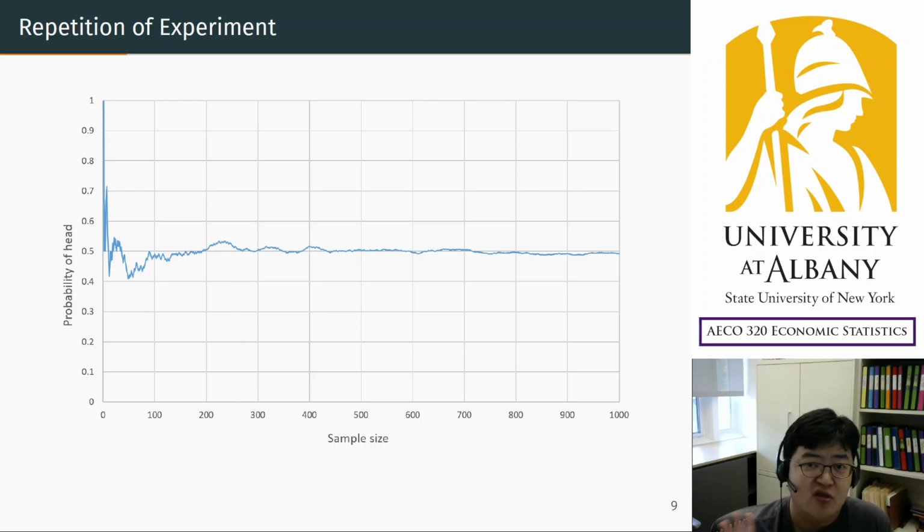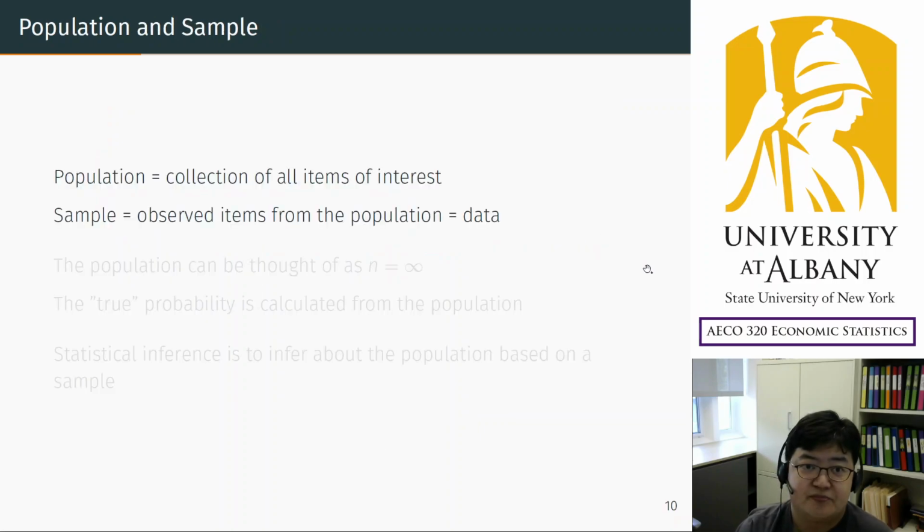Usually, we do not know what the true probability is in our data. So we don't know where it is converging to. That's what statistics does, why we study statistics. And so repetition of experiment is important because it tells you where the truth is.